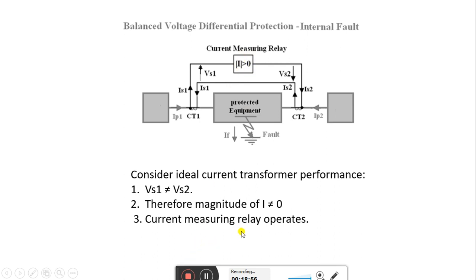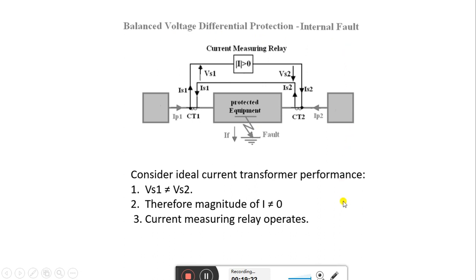So the current measuring relay will operate if there is a potential difference at both ends of this relay and the net current is greater than the set value of the current. So that is the principle of the balance voltage differential protection scheme.